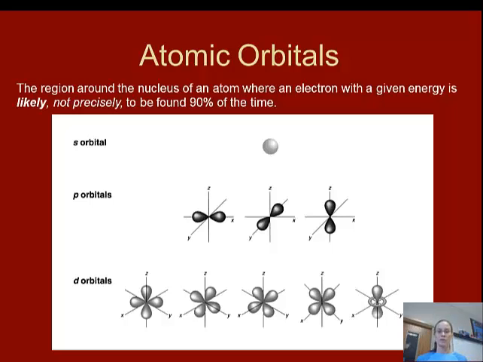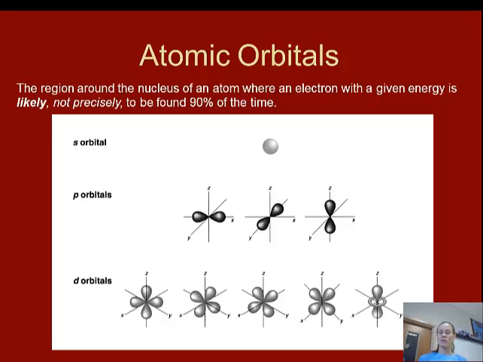The P orbitals have that dumbbell shape, which you've already seen. And then the D orbitals start to get a little more complicated. You've got that clover shape, and then that last D orbital shows a torus with a dumbbell shape. And it's difficult to see in 3 dimensions here, but hopefully you can see that the orientation of each of these different orbitals is different.